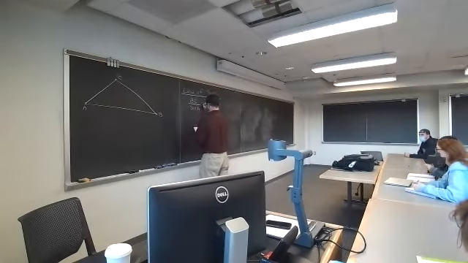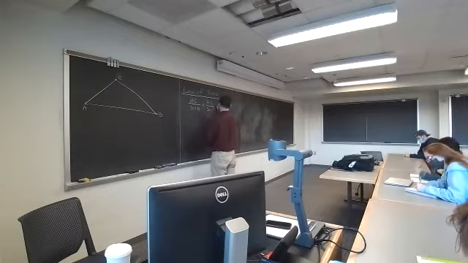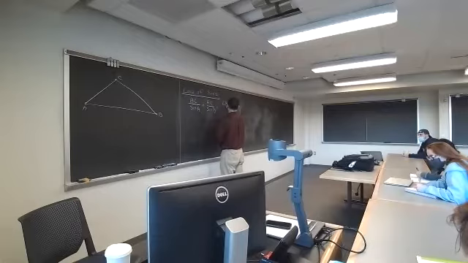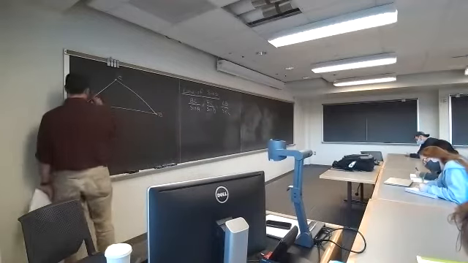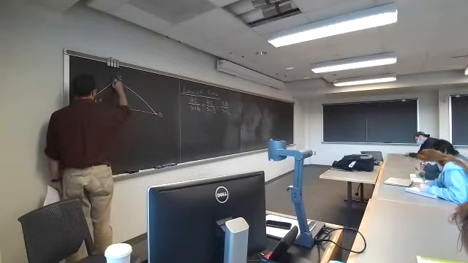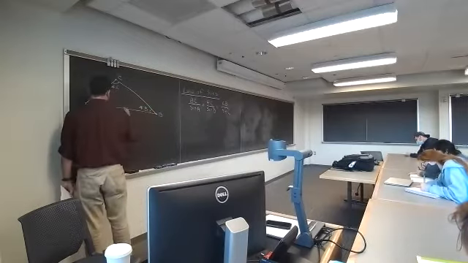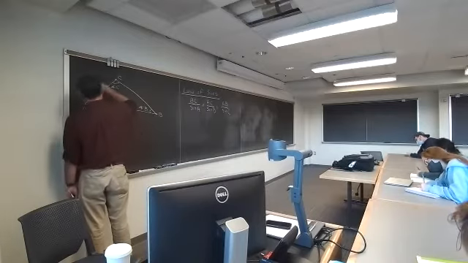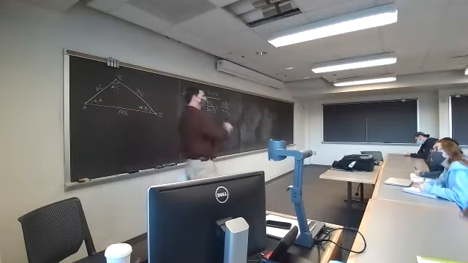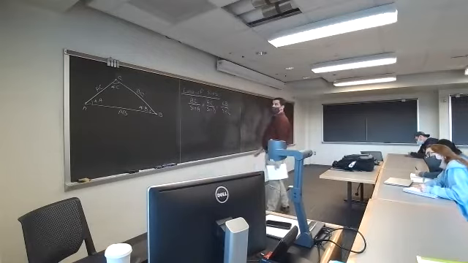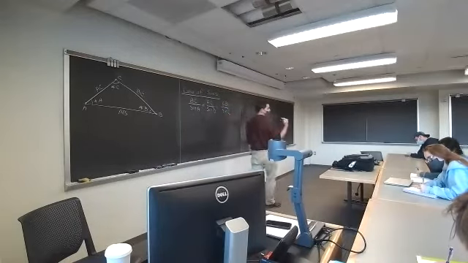Sine A. So everybody follow that this is angle A. This is angle C. This is angle B. This is length AB, length AC, length BC, or length CB. Everyone good with this? Everyone okay to apply it?